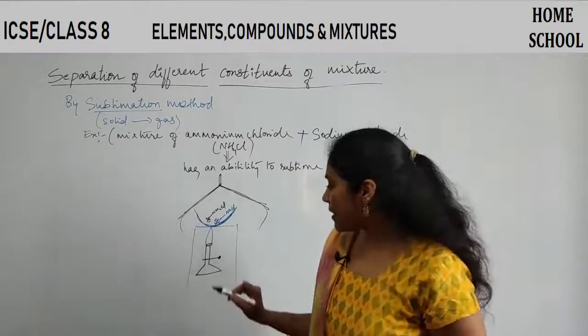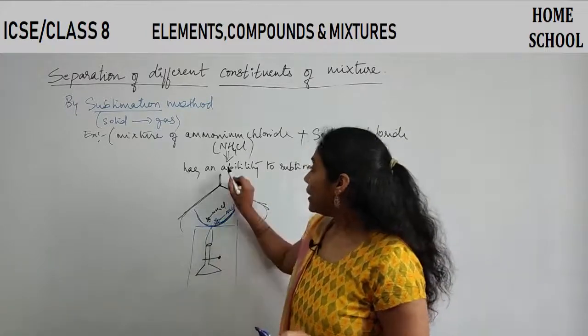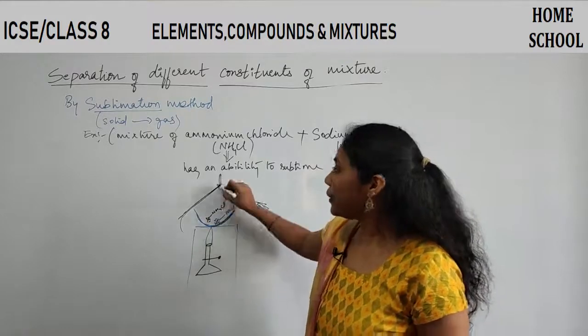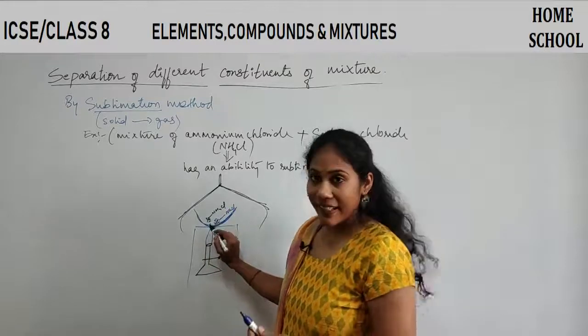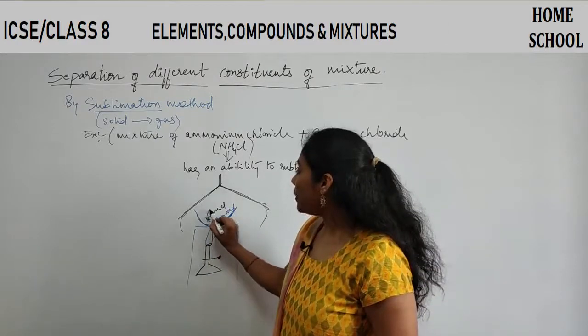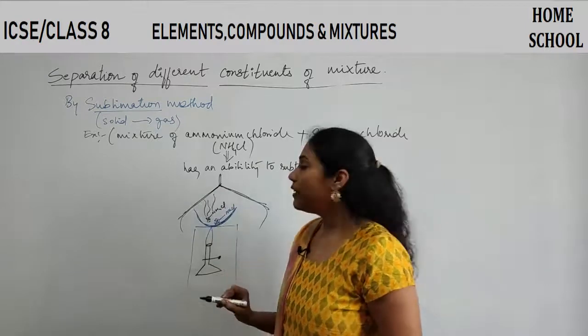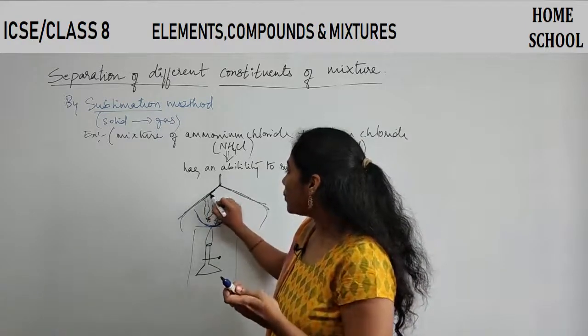So what happens is, the moment you start heating, ammonium chloride has an ability to convert from solid state to gaseous state, right? So the moment you start heating, ammonium chloride will slowly evaporate, and these vapors stick onto the glass tube.